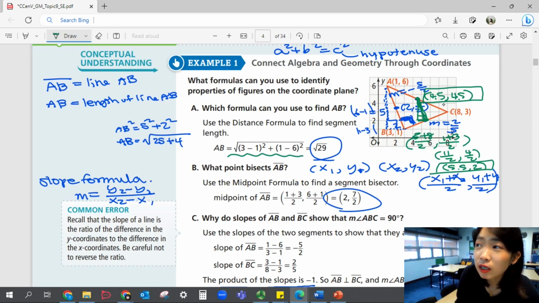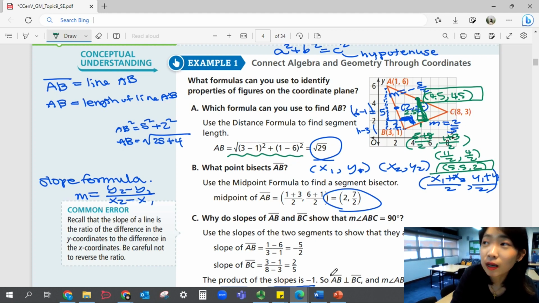So horizontally, we're subtracting 5.5 and 4.5, and you get 1. And then 2 minus 4.5, the absolute value of that is 2.5.